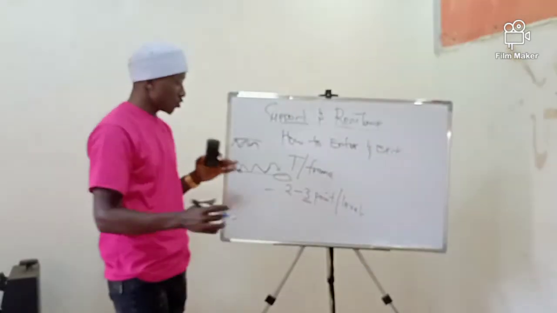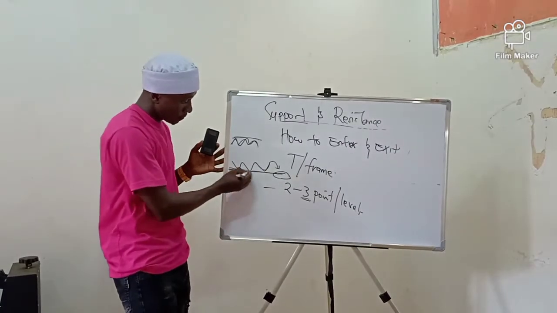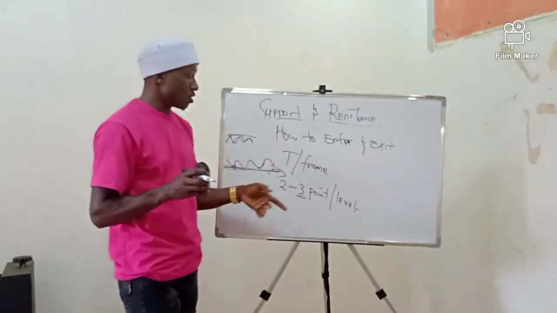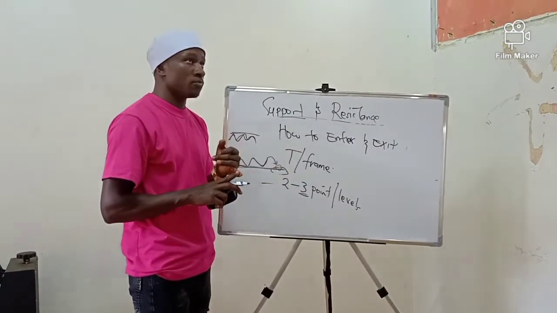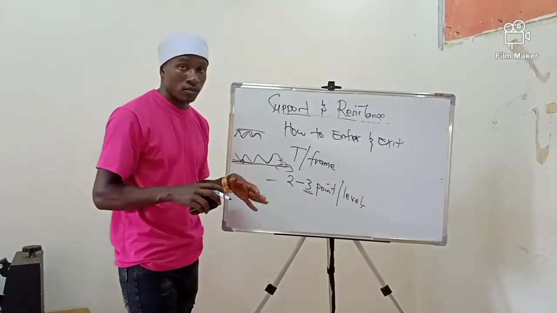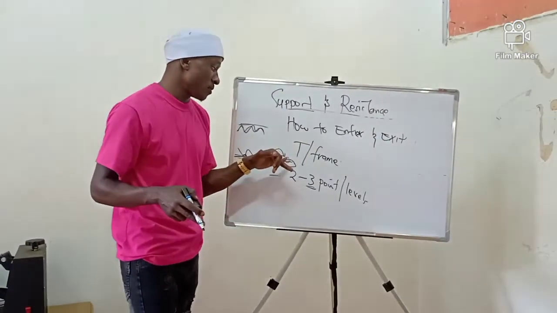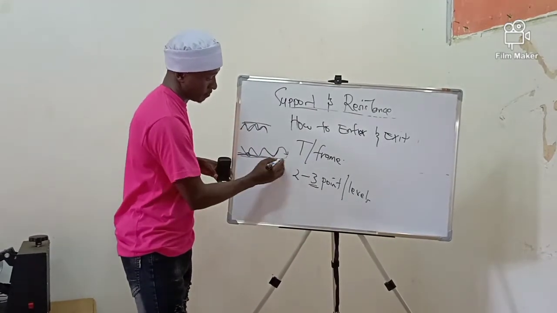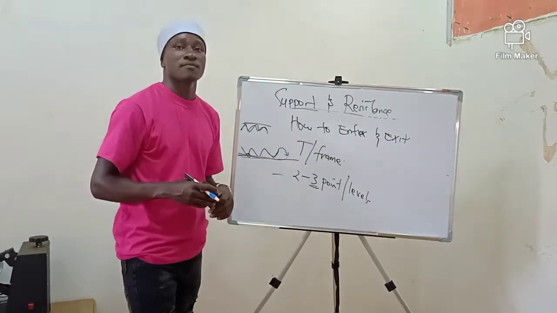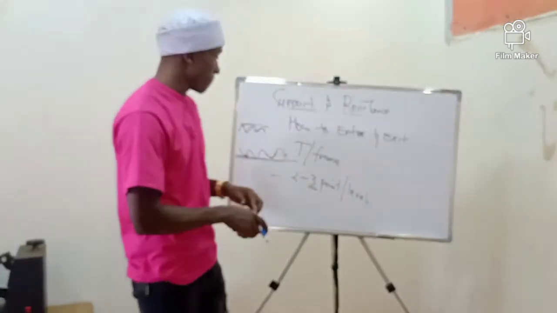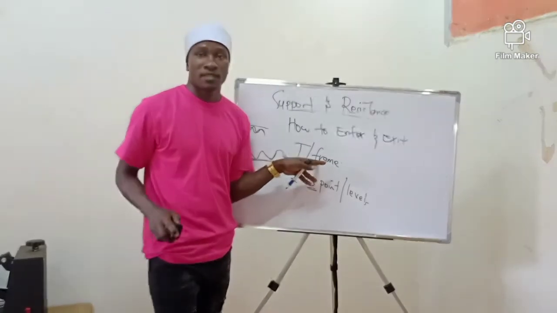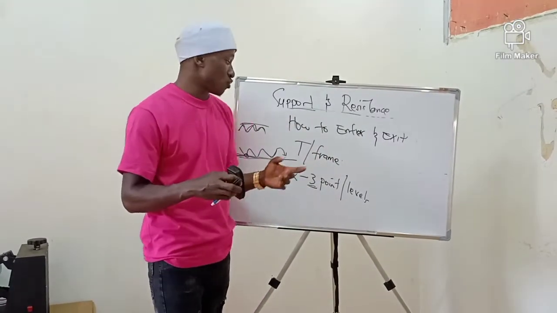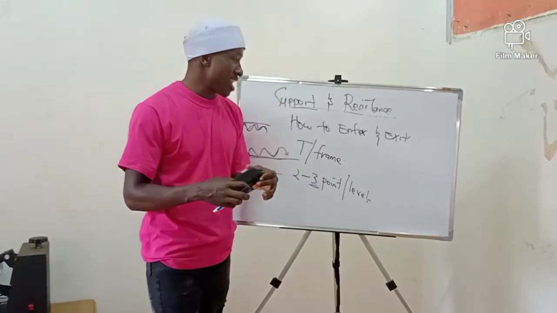So with our support zone, after the market reaches here, we would pay attention to the type of candlesticks or the type of chart pattern that will form there, so that you open a trade. For the time frame, you come to understand that the bigger the time frame you use, the more relevant your zones become.